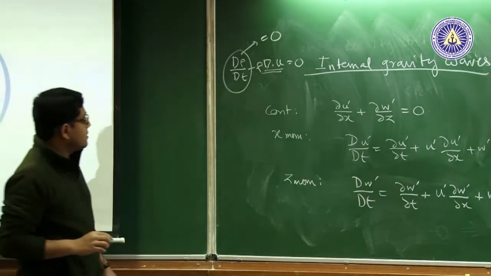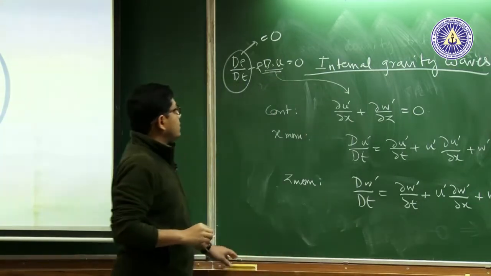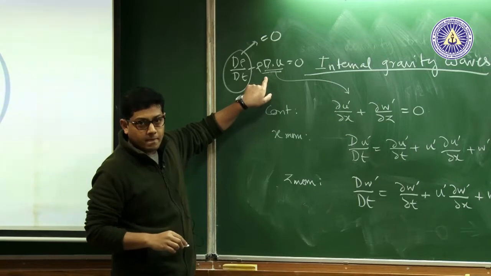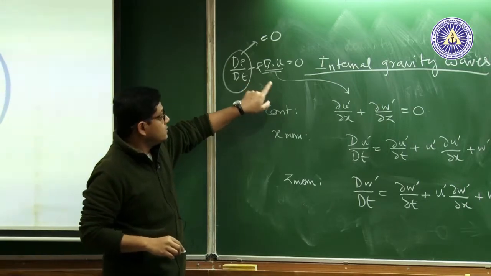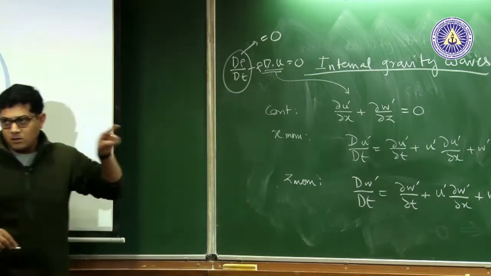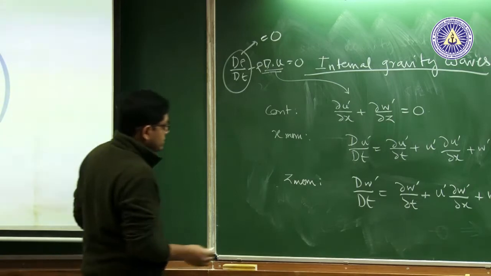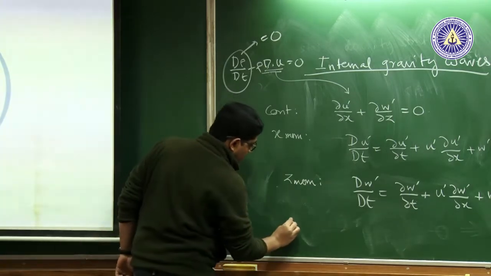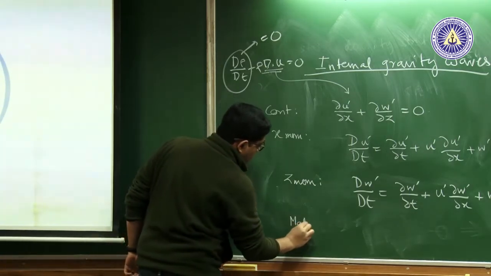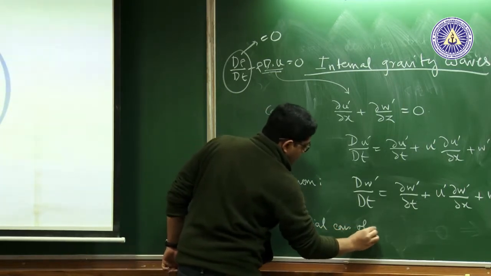That gives you divergence u is 0. That is this. We have actually not talked about this, although it was mentioned in Professor Huppert's slides. I will just talk about that: material conservation of density.